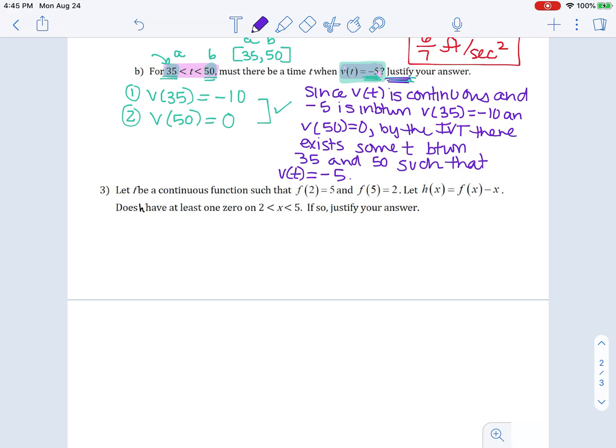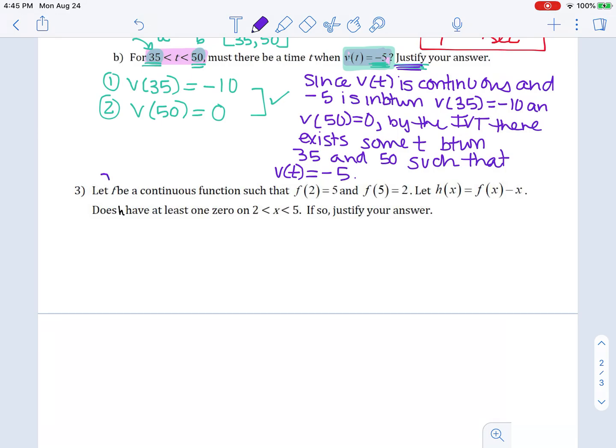Last but not least, it says, let f be a continuous function such that, now they're telling us f of 2 equals 5. So they're saying that's my x, that's my y, and f of 5 equals 2.